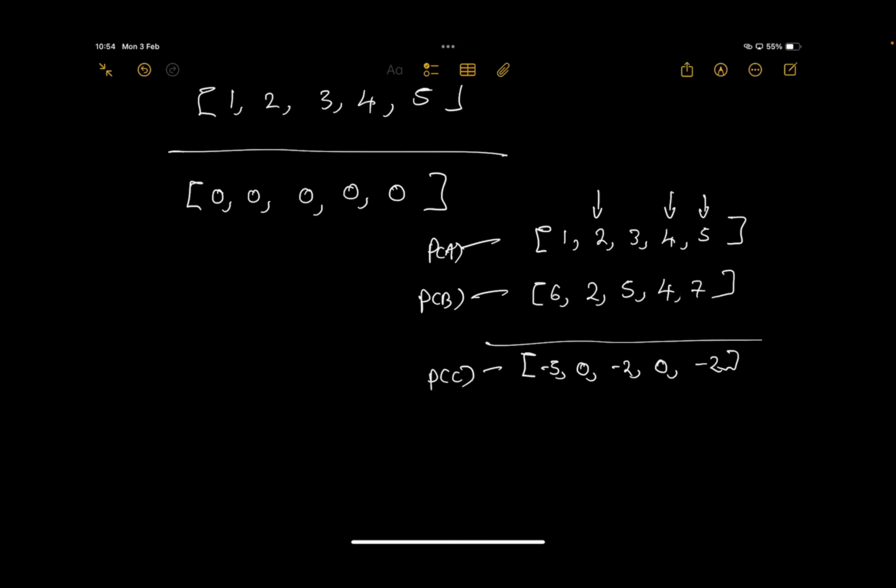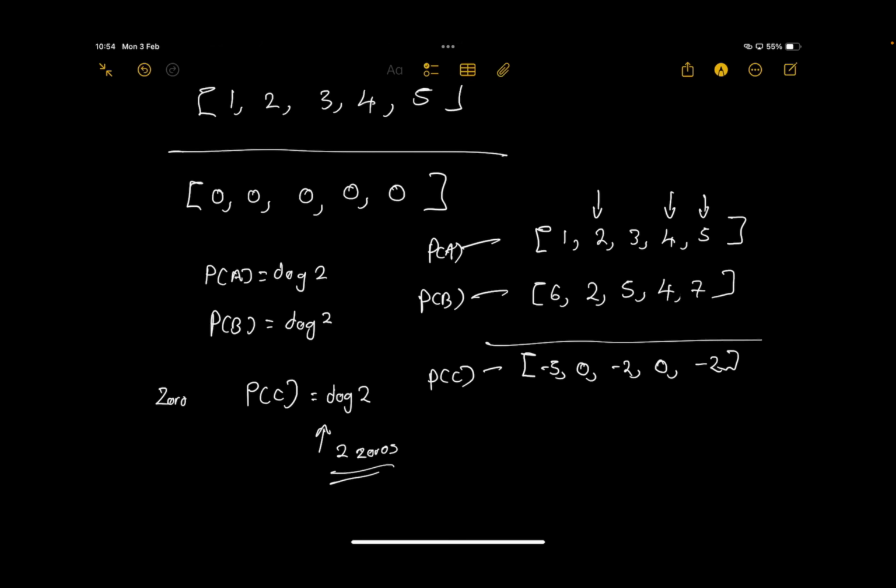We already said that if P of A was degree 2, yes, and P of B also degree 2, then when you subtract, you're either going to get a 0 polynomial, or you're going to get a polynomial like P of C, which is also going to be degree 2, possibly. So that means this polynomial will only have 2 zeros, based on the power.